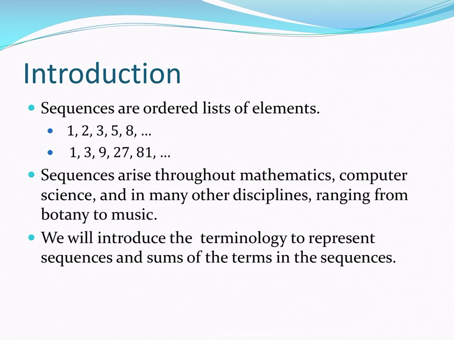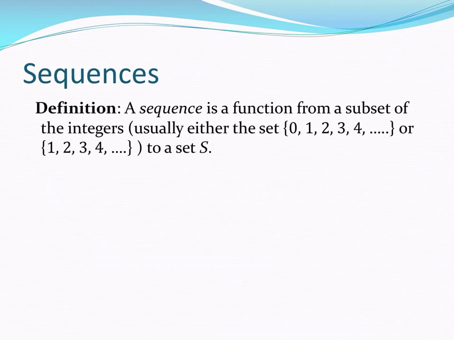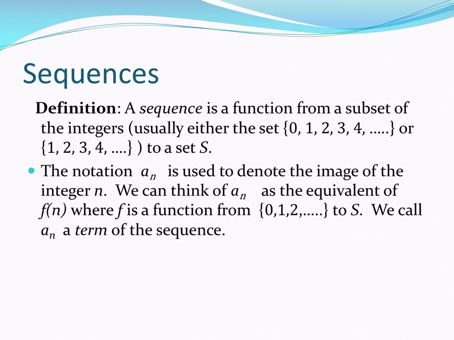And well, we'll begin. Okay, so a sequence, as I mentioned, is a function from usually a subset of the integers, starting with 0 or 1 and going up, either the non-negative or the positive integers, to another set S. The integer that gives rise to the values in the sequence is often denoted as an index to the sequence, but you can also think of it as the argument in a function.